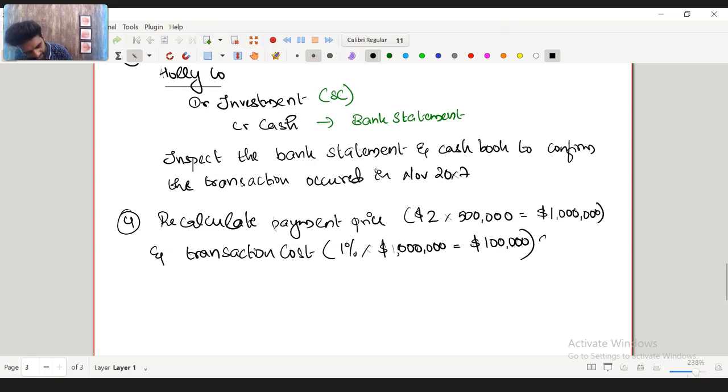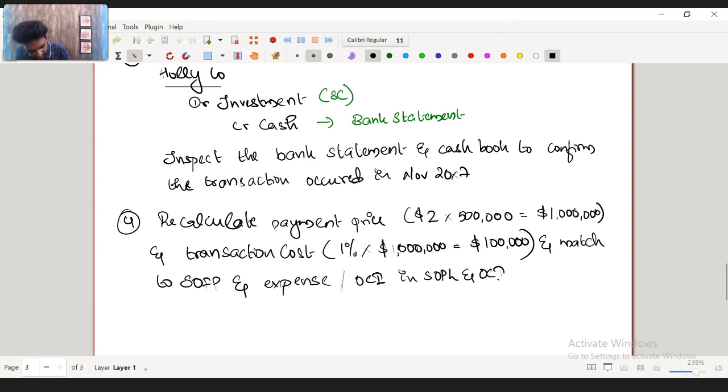All right. And then match to what? To the statement of financial position and expense or OCI in the statement of profit or loss and other comprehensive income.